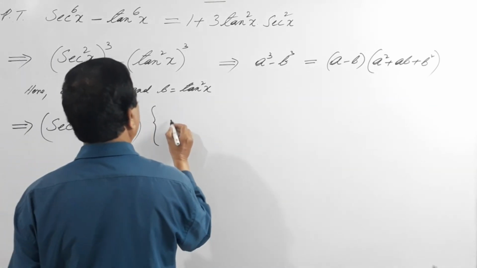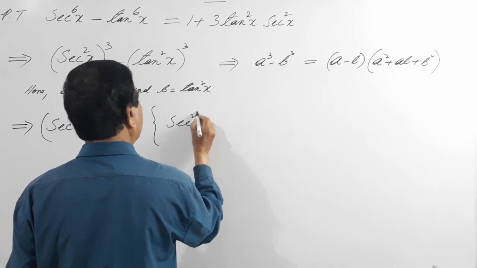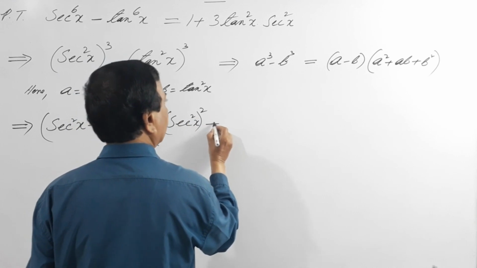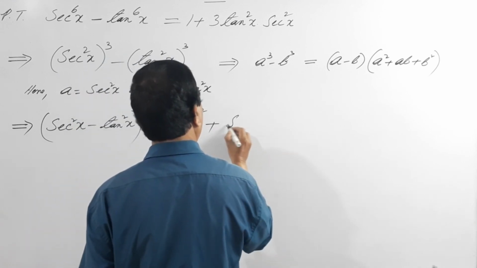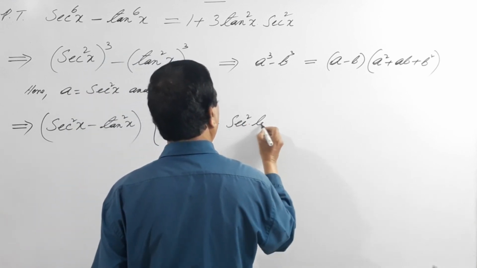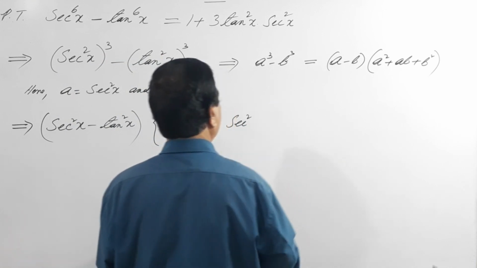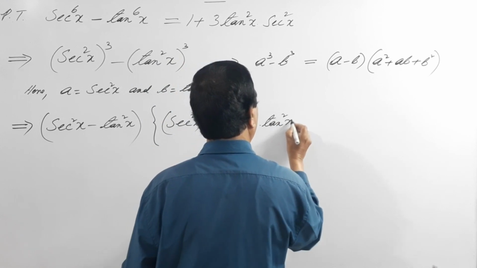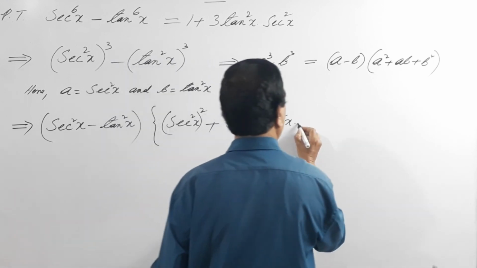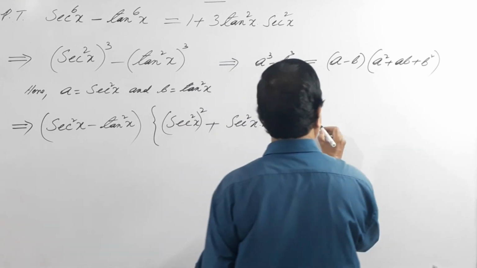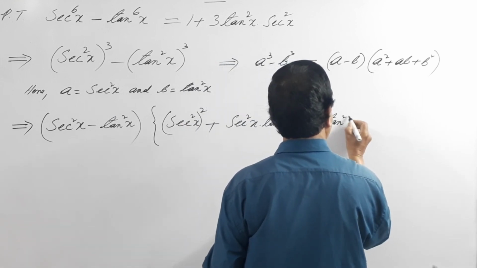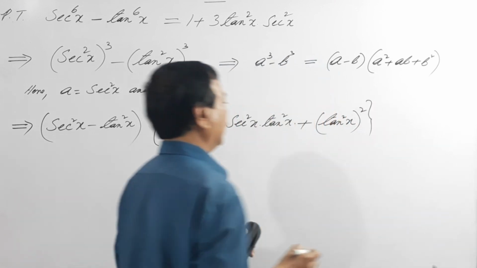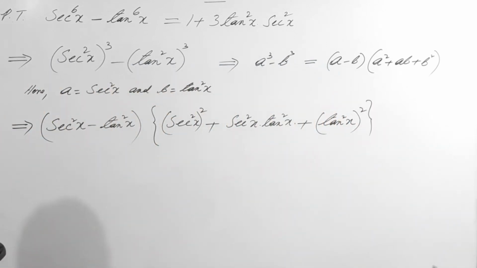A square, that is secant square x the whole square, plus ab, that is secant square x into tan square x, plus b square, that is tan square x whole to the power of 2, and it closes the bracket.